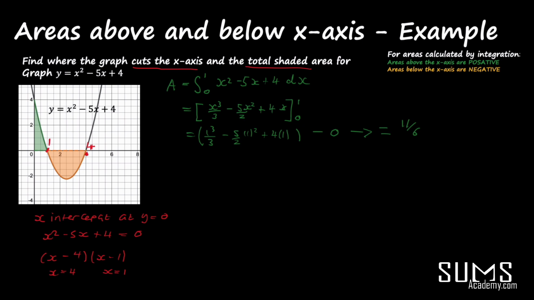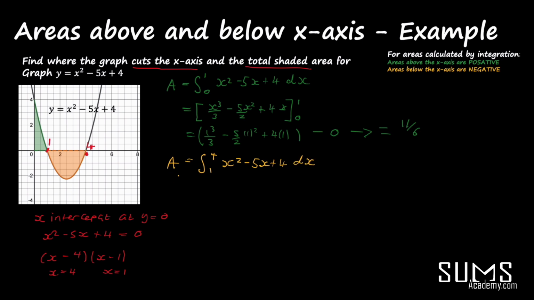So now we need to work out the bottom area. This area is going to be exactly the same, but for the sake of time, actually no, I'll do it properly because this is the first time you've seen this example. The lower limit is going to be 1, and the higher limit is going to be 4. So exactly the same, x squared minus 5x plus 4 dx.